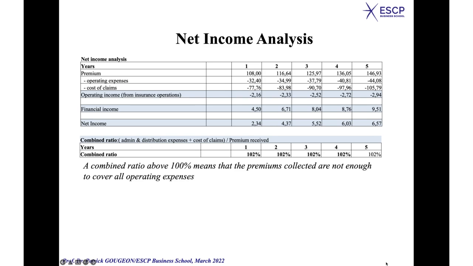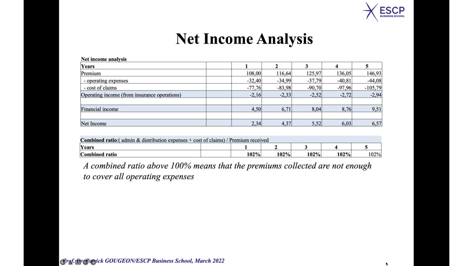You see, when the operating income is negative, and systematically negative, we could conclude that in our example, policyholders are not paying a premium which covers the full cost of the insurance activity. In other words, they benefit from a kind of discount. You could see the negative operating income as a kind of discount offered to the policyholders.